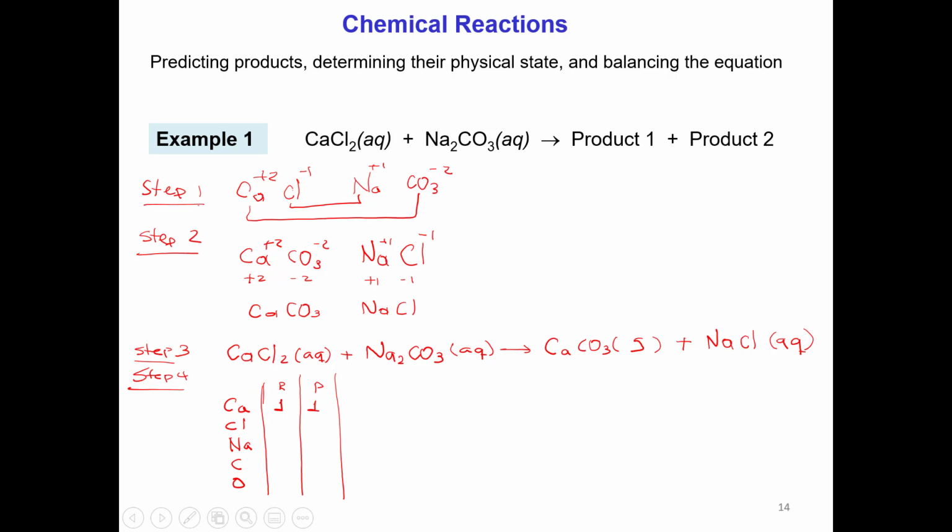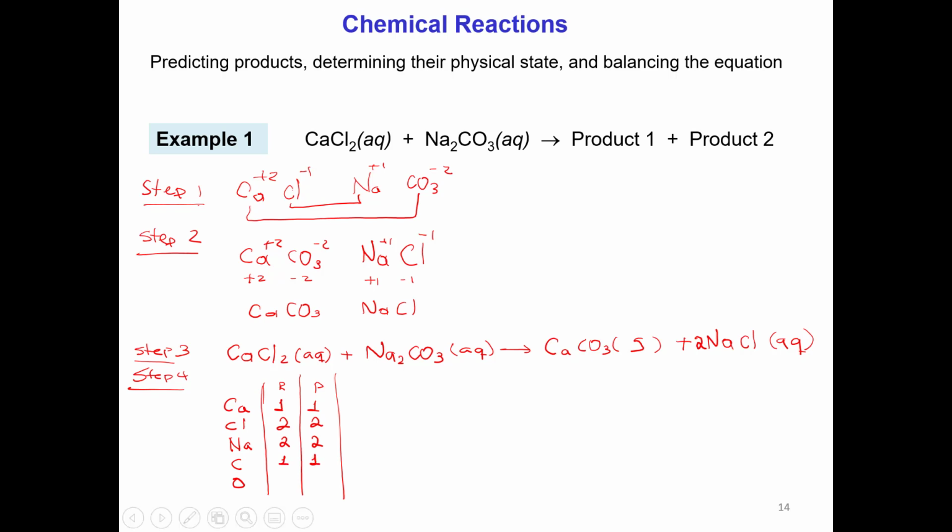Then we need to multiply here by 2 to get the same number. Then 2 and 2, now we solved that problem. Sodium: we had 2 sodiums here, and we had 2 here. Remember, this 2 multiplies the whole molecule, so 2 times 1 is 2 sodiums. Carbon, we had 1 here and 1 here.